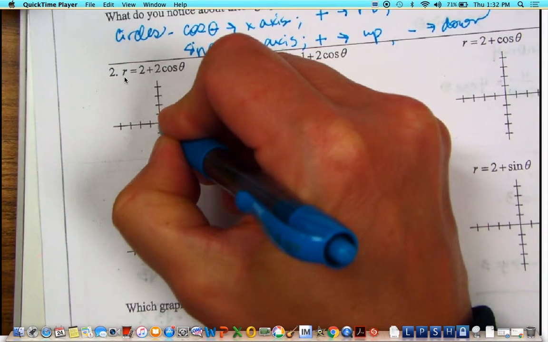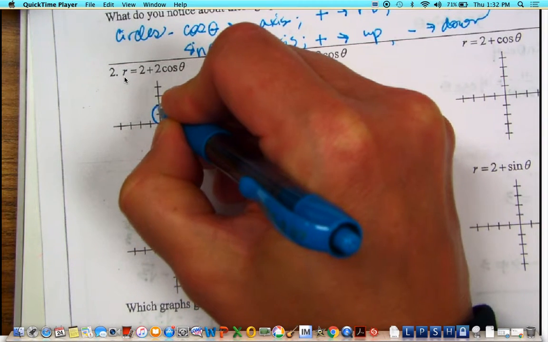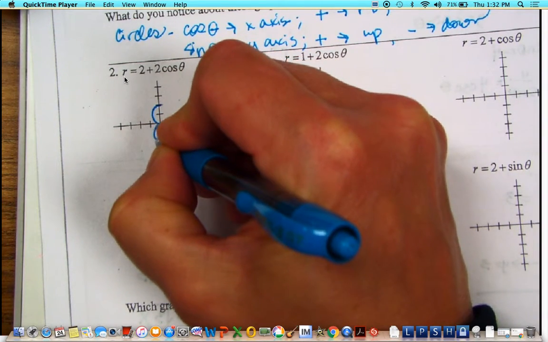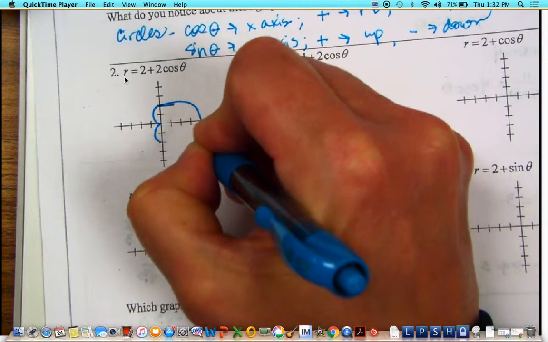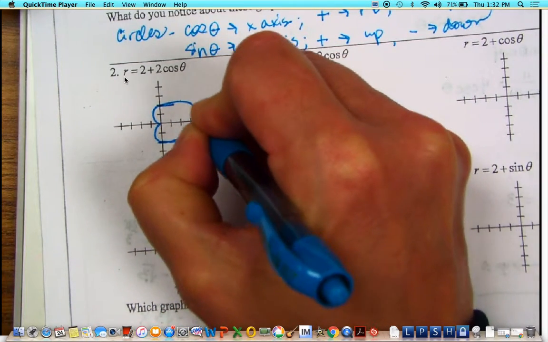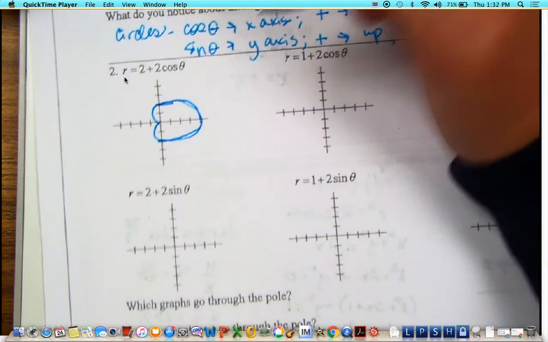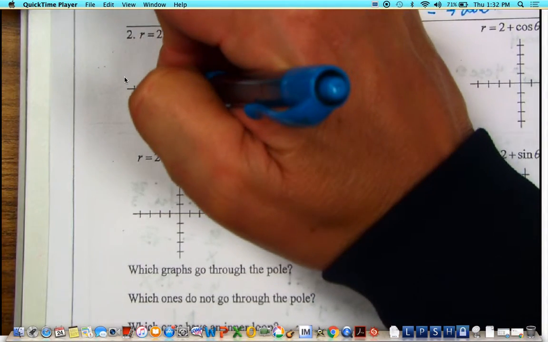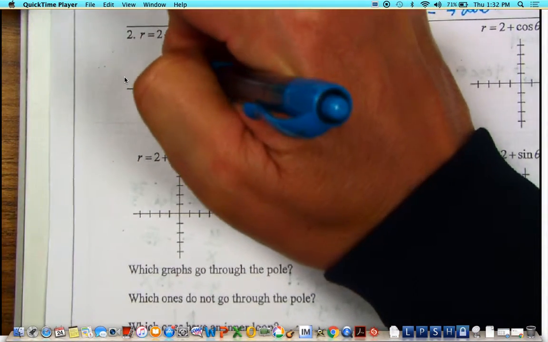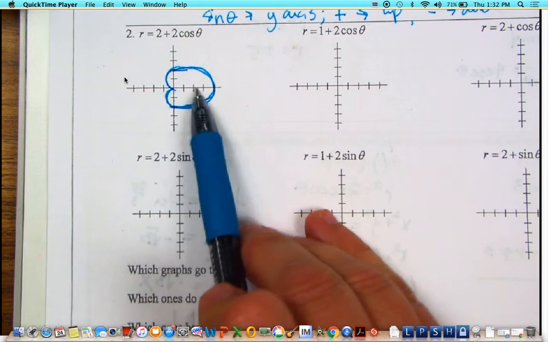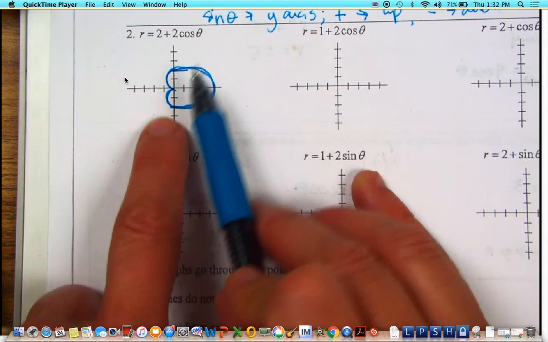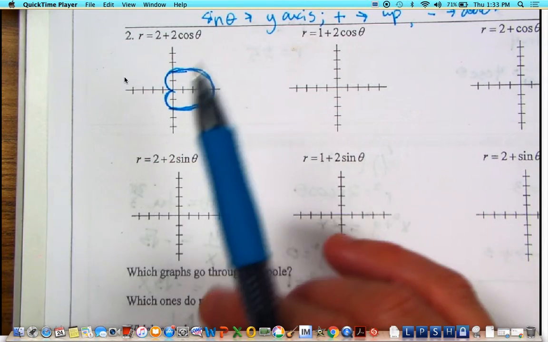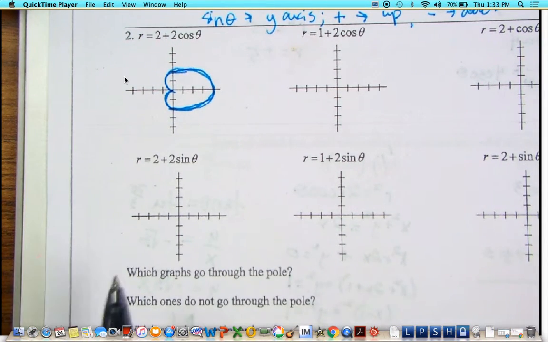And then what is its distance on the y-axis? 2 and 2, right? So it went 4 on the cosine side, and then it was up 2 and down 2.